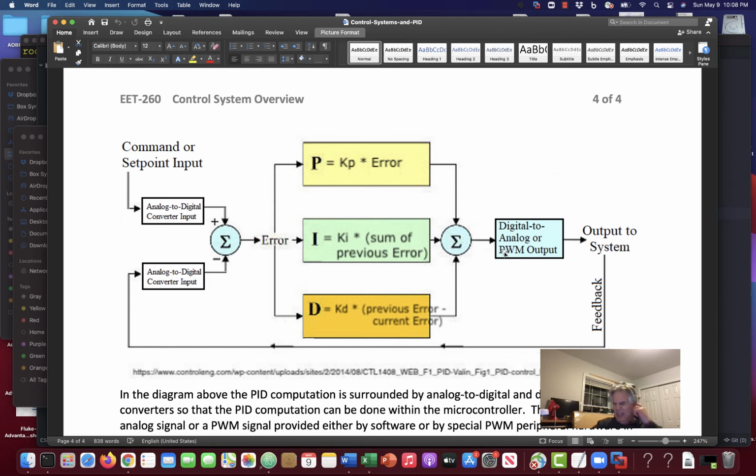It was driving a brushed stepper motor, and so the PWM output drove a motor amplifier that had an H bridge in it, and the PWM output was a 0 to 10 volt system, and the duty cycle or percentage of on time gave the effective voltage between 0 and 10 volts for driving the motor.